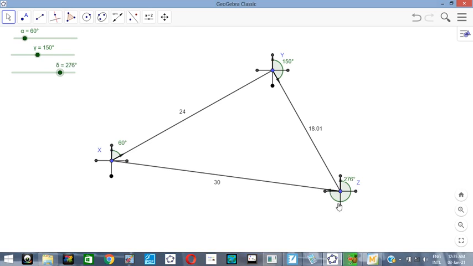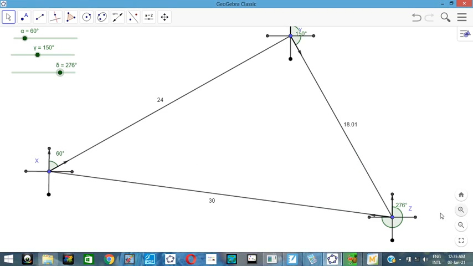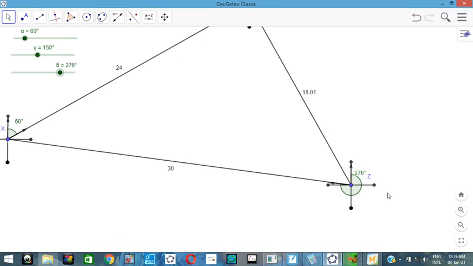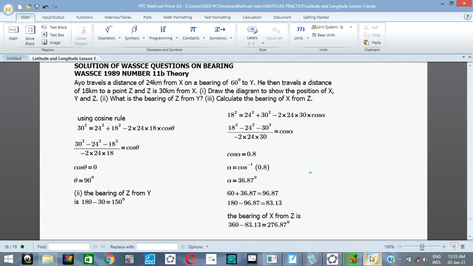Even 276 is very close. If I zoom it out and see it clearly here, I see it. It's even 277 that touches the point we need straight. So that is it. Our calculation is correct, 276.8, which is approximately 277.